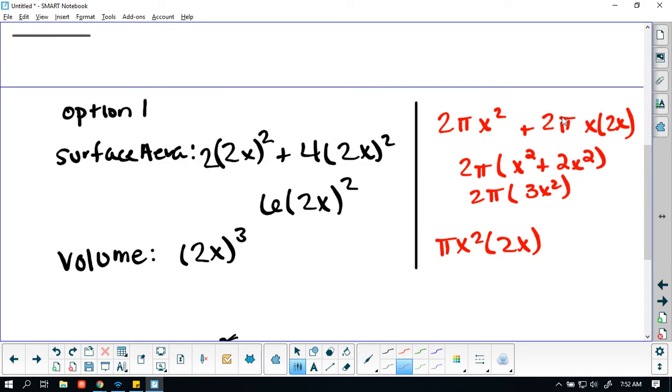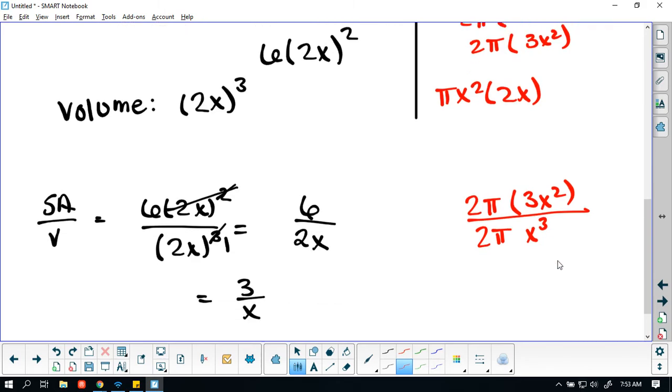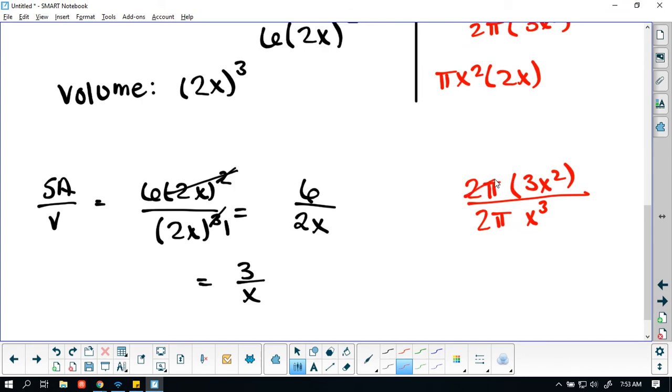So in my numerator for surface area, we're looking at 2 pi times 3x squared, divided by, multiplying this out, 2 pi times x times x, which is x cubed. Okay, these cancel out. This x squared takes care of 2 of those x's, so now we're left with 1. So this is 3 divided by x.